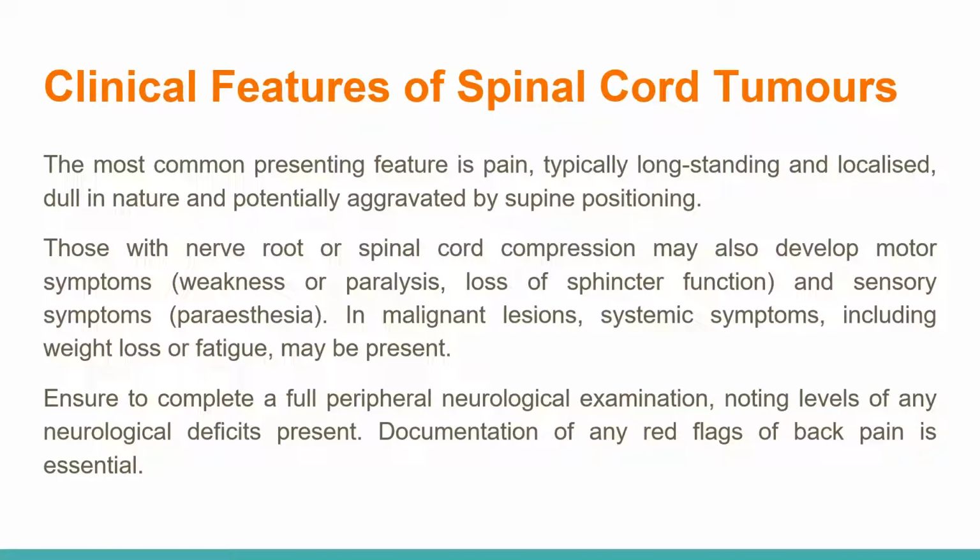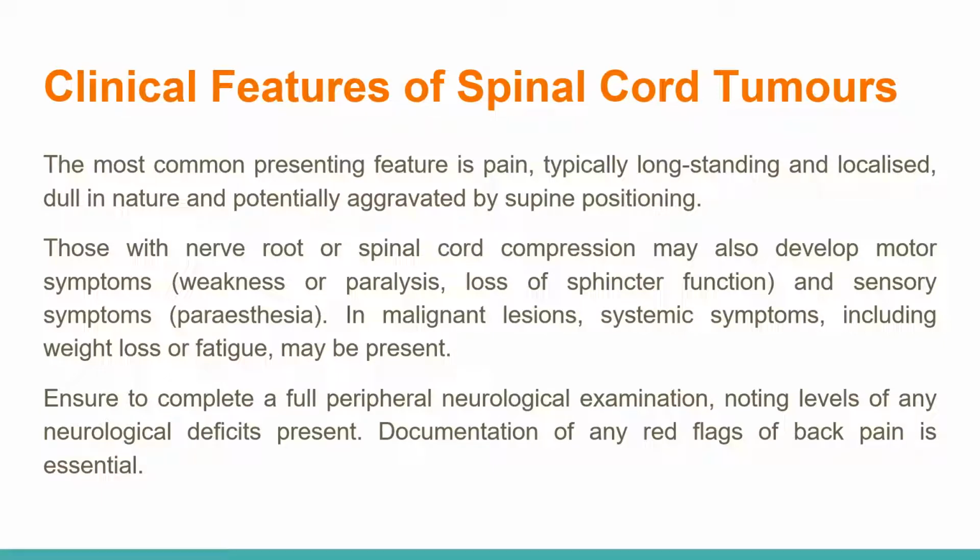So, clinical features of spinal cord tumors. The most common presenting feature is pain, typically long-standing and localized, dull in nature, and potentially aggravated by supine positioning. Those with nerve root or spinal cord compression may also develop motor symptoms, weakness or paralysis, loss of sphincter function, and sensory symptoms, paresthesia.